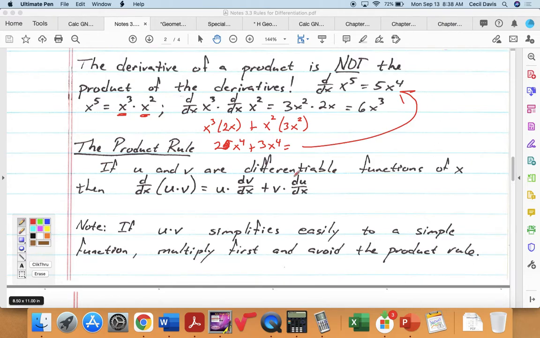And basically what's going on here, you may be going, well, what the heck is happening? Well, think about it this way. If you're multiplying two quantities together, you can think of that as a rectangle, right? And if this grew a little bit, the little bit that it grows this way is multiplied times this width.